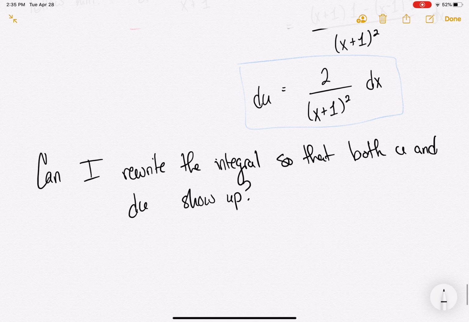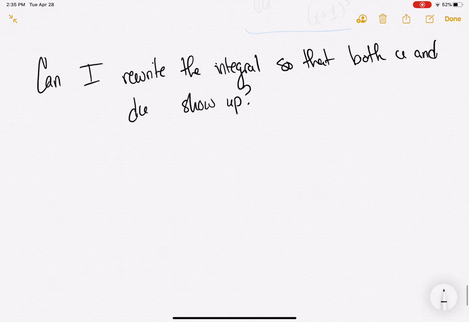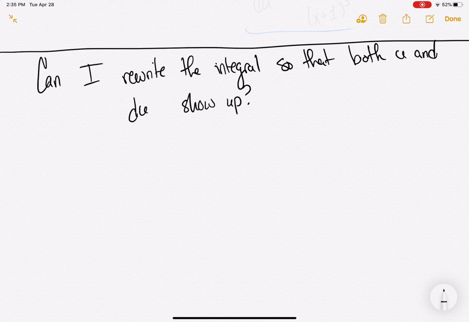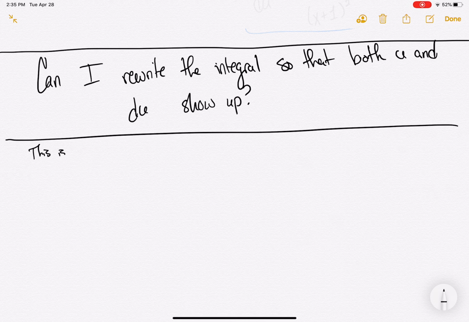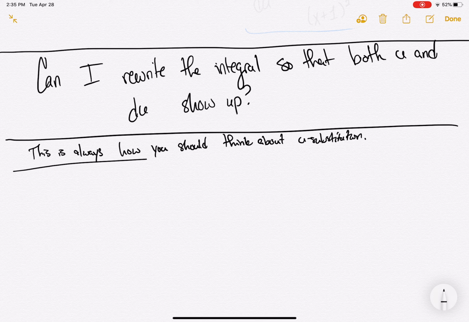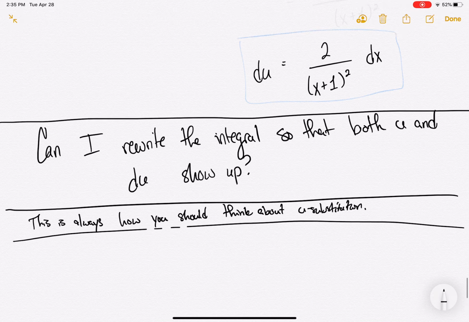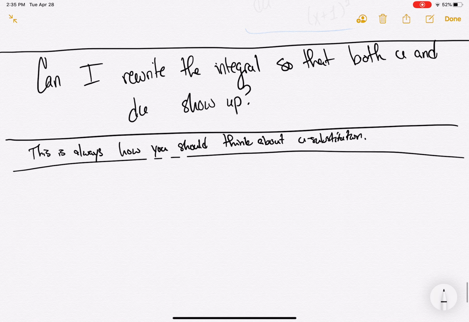This is how you should think about u substitution. You should always ask yourself the question, can I rewrite the integral so that both u and du show up? Of course the answer is yes.